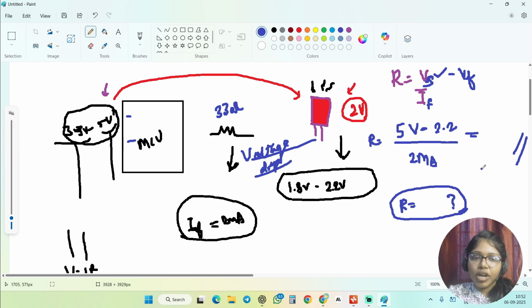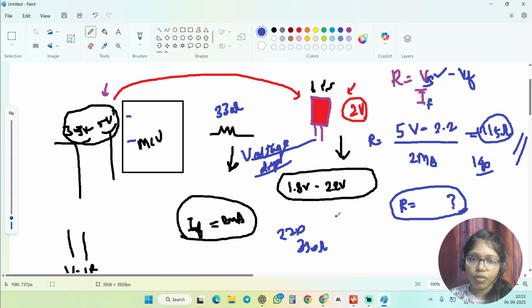For example, if you get 115 ohm, what to do if you don't have 115 ohm? You can just vary it; it's not going to be affected that much. When you get 115 or 140, you can use 220 ohm or 330 ohm, that is good to go. It will only slightly affect the brightness of the LED.